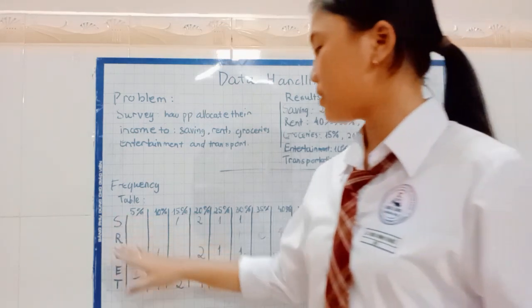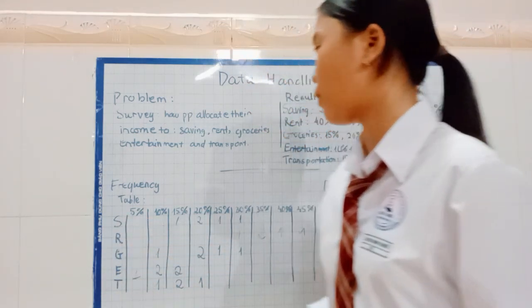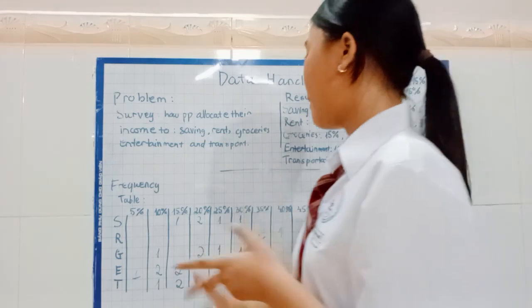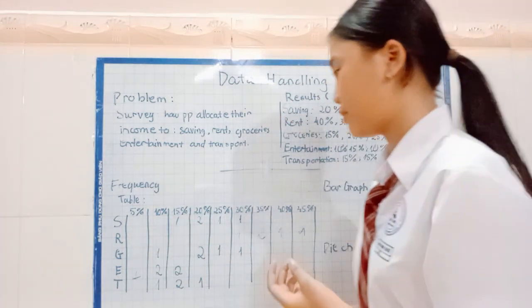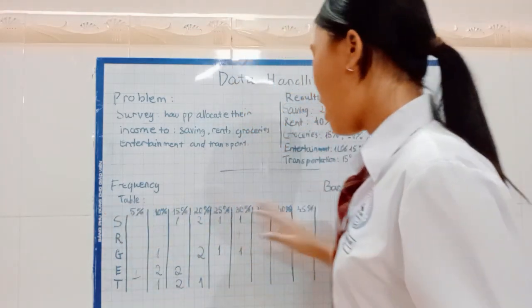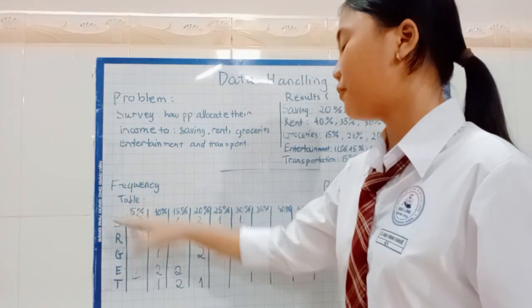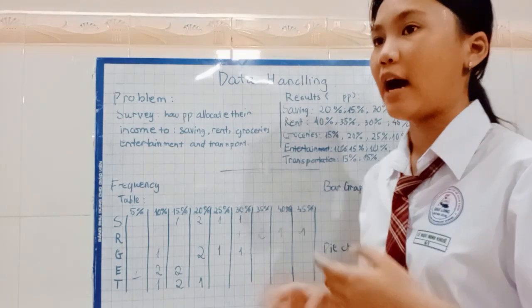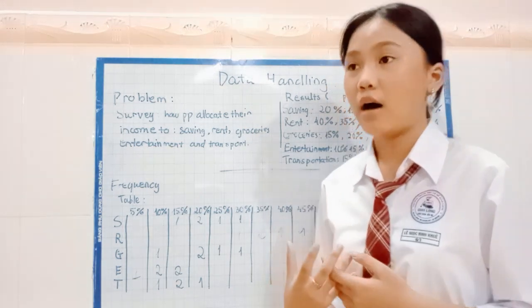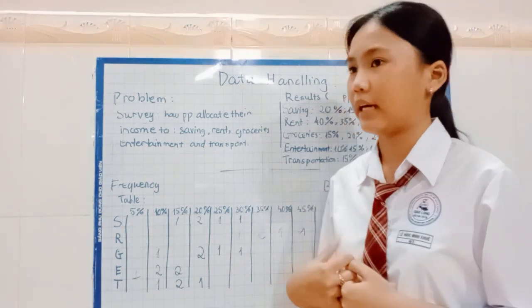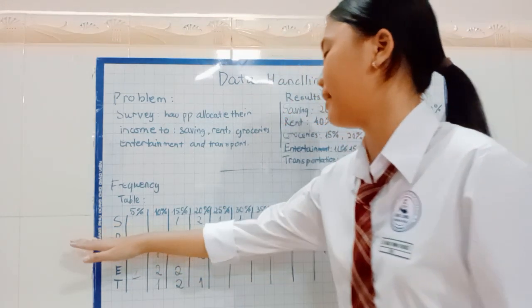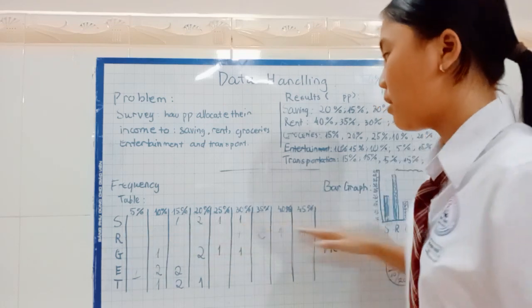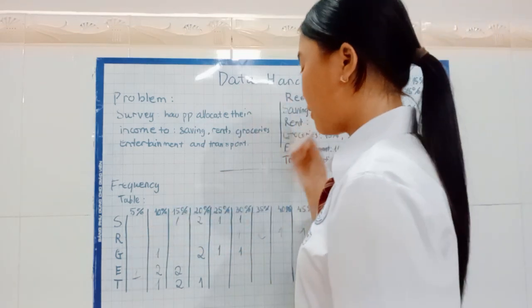I'm going to write SRGET as short for savings, rent, groceries, entertainment, and transport for a quicker outlook. Here we have the frequency table, which basically shows how frequently something happens. Here is our savings row, so we could focus on it first.